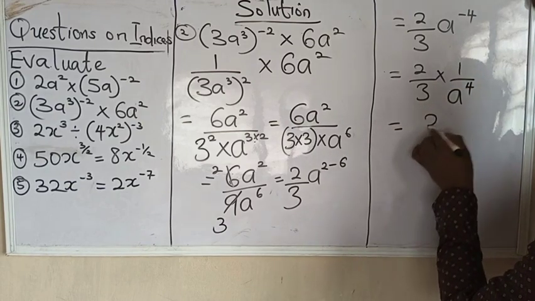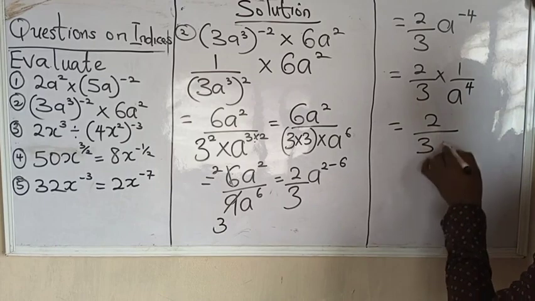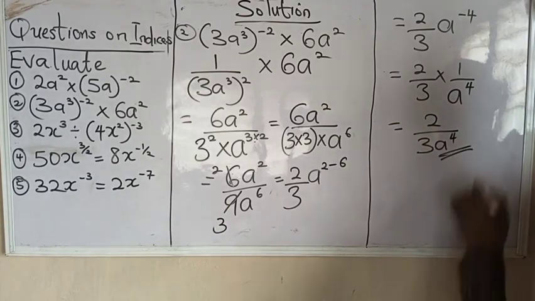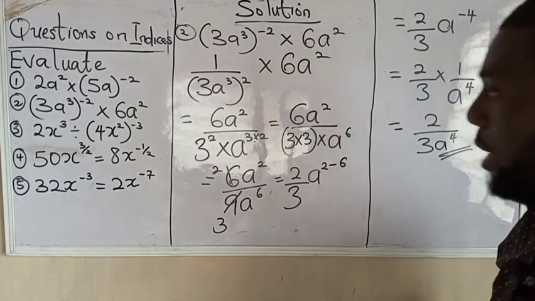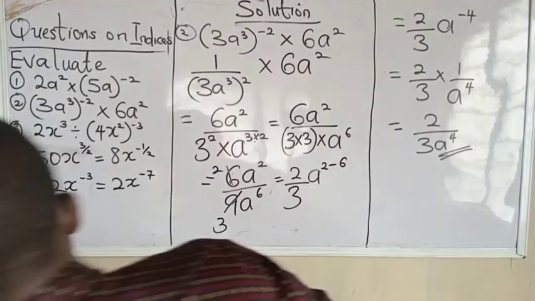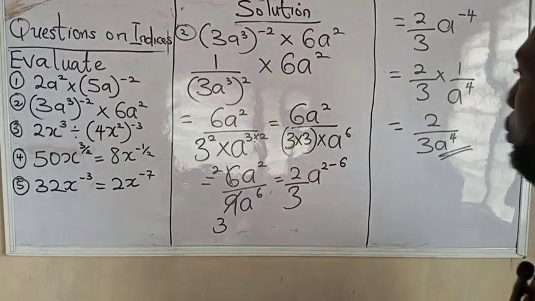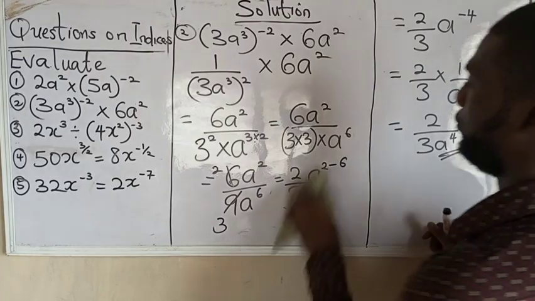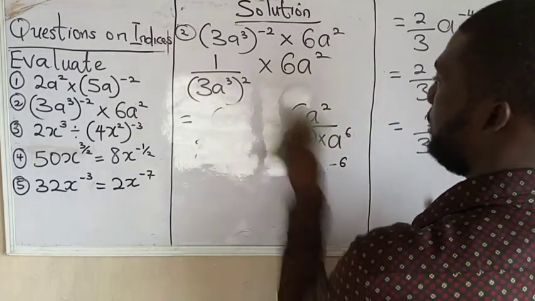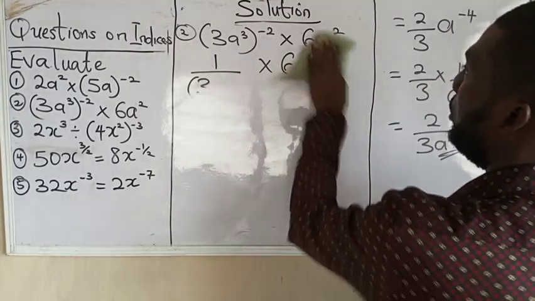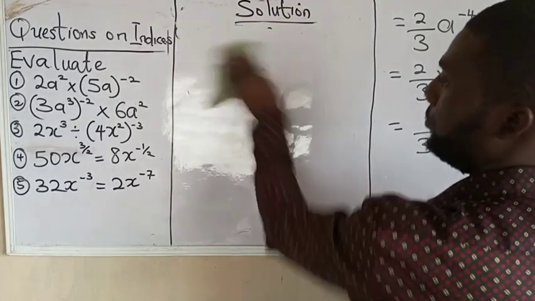And my answer will be 2 over 3a raised to power 4. And that is our answer. So we are proceeding. Let's move on to number 3.